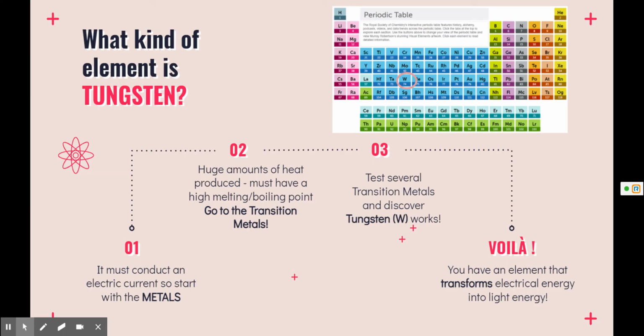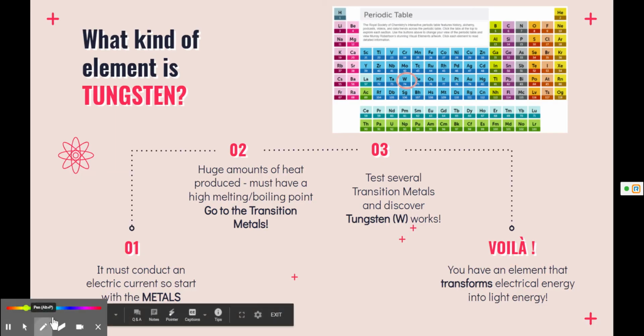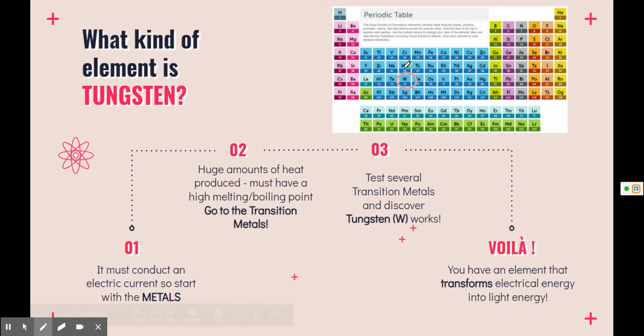The metal wire that makes up the filament is made of the element tungsten. The element tungsten is abbreviated with a W for wolfram.